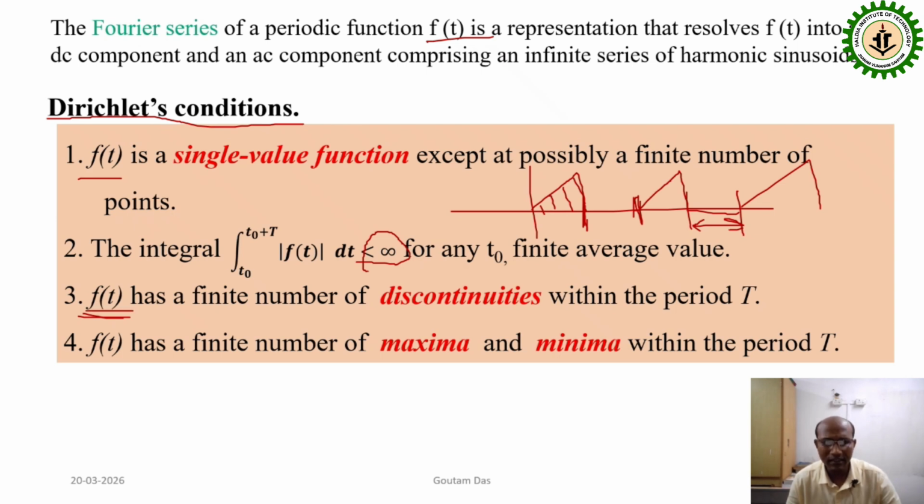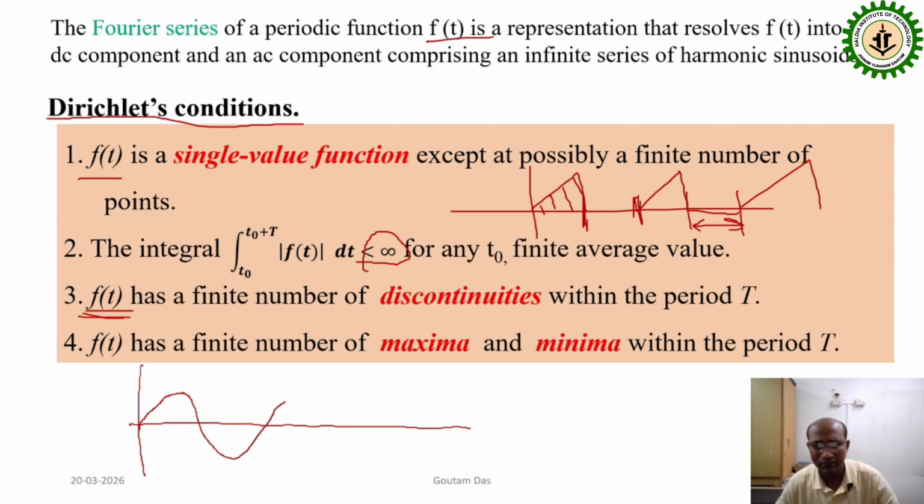Similarly, the fourth point is that f of t must have a finite number of maxima as well as a finite number of minima. Suppose we have a function like this, a sinusoidal waveform. For this waveform, this is the maximum value, this is the maximum value, and again this is a maximum value, while this is a minimum value and this is also a minimum value.